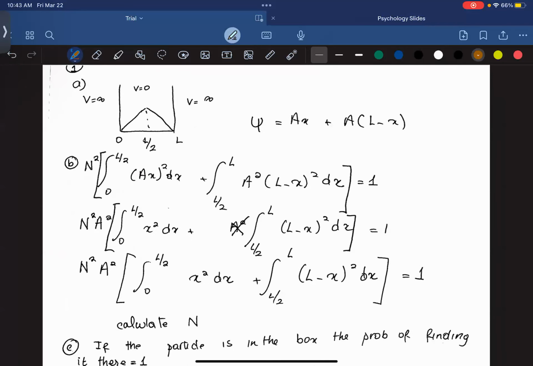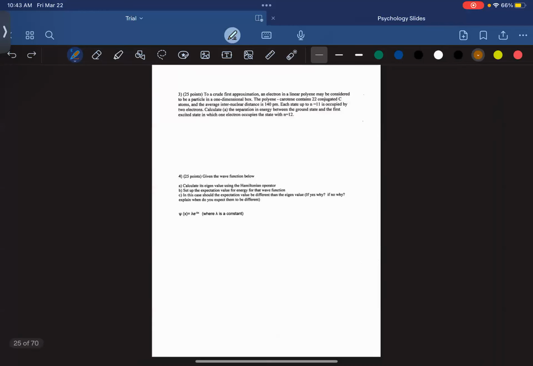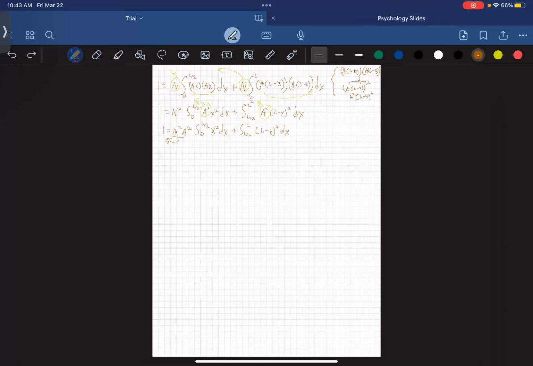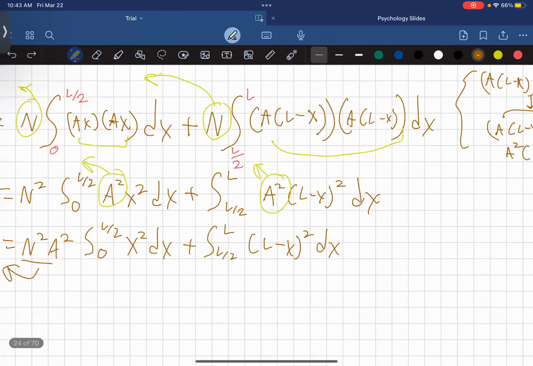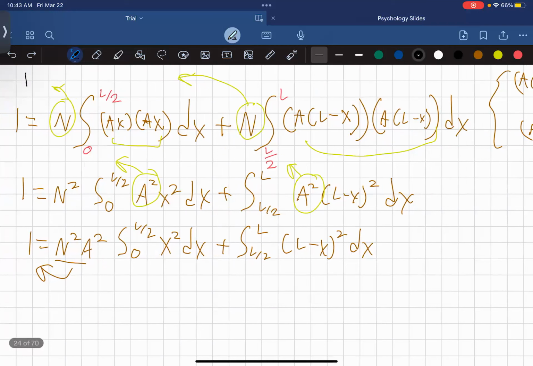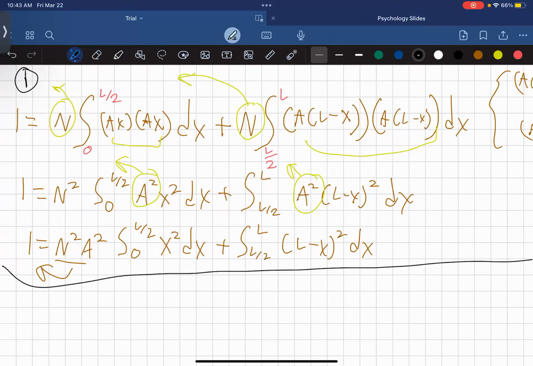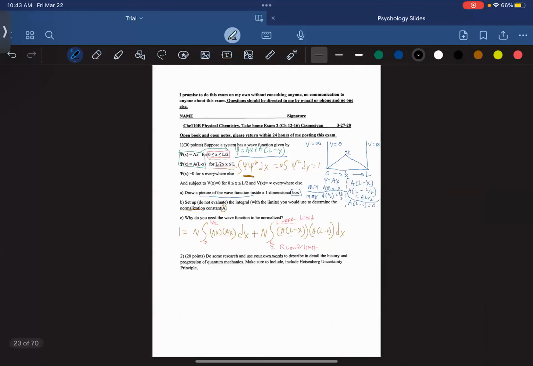Yeah, and then she also wrote the limits, so she kept those. I'll just put a 1 up here. Cool.